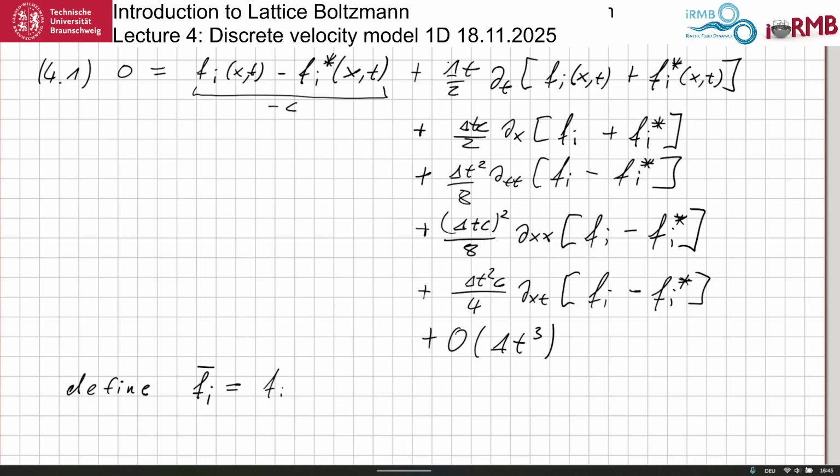I define an average over pre and post collision, because we have to answer the question, do we use pre-collision or post-collision? And I now suggest we use the average between pre and post-collision. Unfortunately, other people that have more followers than me on Instagram defined this in a different way. They came from the other direction, and they wanted the final result to use f and not f bar.